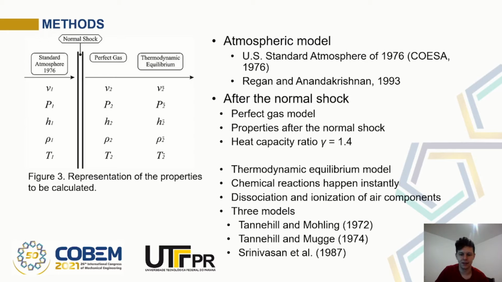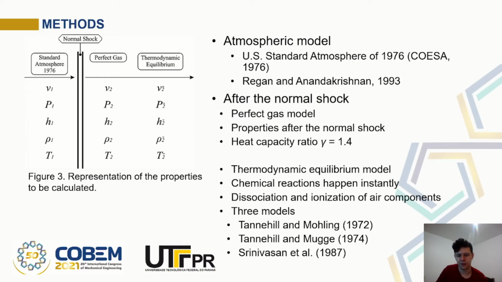And in the last one, it is necessary to use 24 constants in this correlation to obtain the results. Here in the side, Figure 3 shows a representation of these models. There is a very similar representation in the book of John D. Anderson Jr., which is Hypersonic and High Temperature Gas Dynamics.